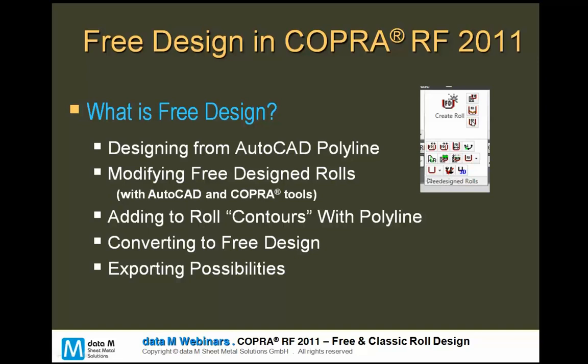We will then look at adding to the roll contours we've designed by use of the Add Contour tool and a design polyline. We'll also discuss the possibility of converting to free design from Classic, and then we'll also discuss exporting possibilities.